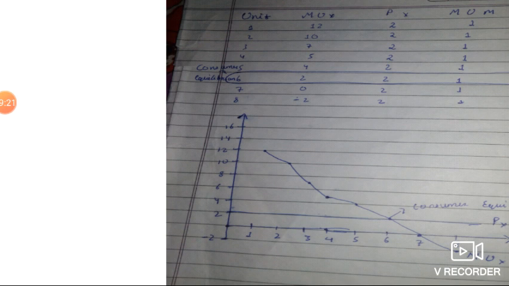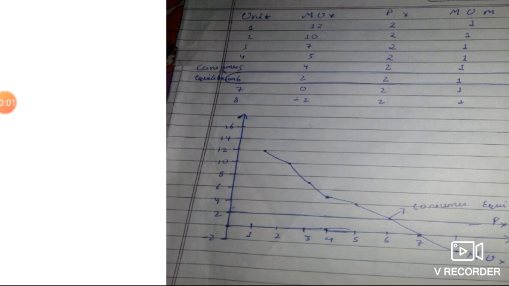Now two more cases. Sir, what will happen if MUX is greater than PX? Yes, if MUX is greater than PX, as in the case of the sixth unit, a rational consumer will consume more units of the commodity, or we can say the consumption process continues. When MUX and PX become equal, this is the last point of consumption for a rational consumer.